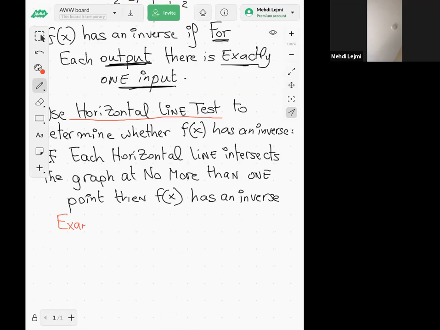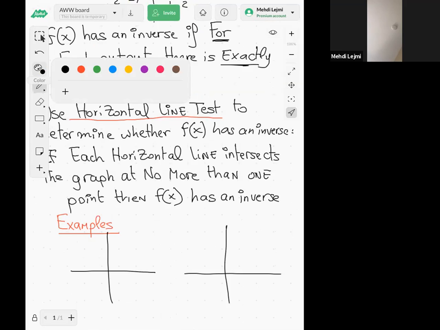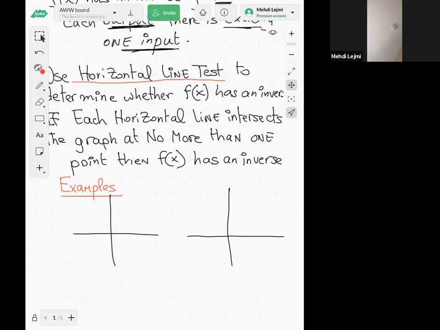So let's have a couple of graphs here. Let's say this is my first graph, the graph of x cubed. So this is f of x equals x cubed.